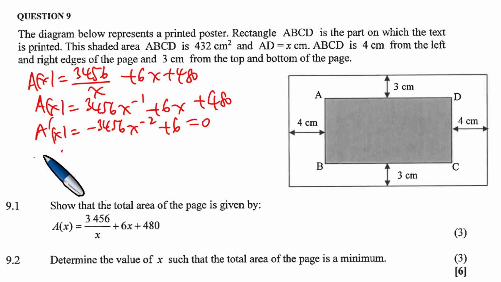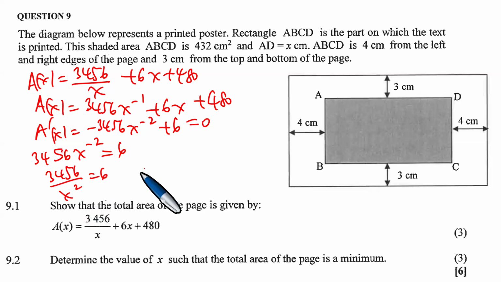So we can move this to the other side so that we have 3456x to the minus 2 equals 6. And then we continue to analyze this, which is 3456 over x squared equals 6. You cross multiply this, which is 3456 equals 6x squared.